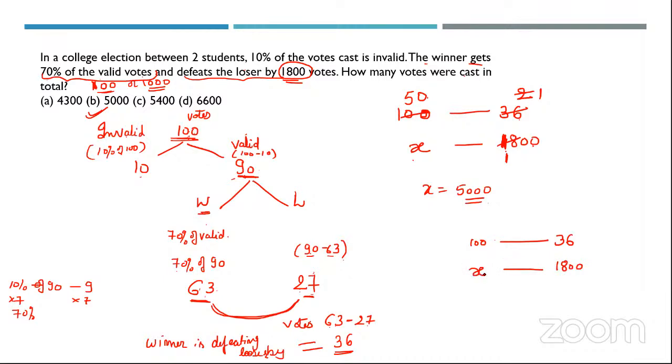So what will be the total number of votes? Then I'll do cross multiply or cross cancellation, the unitary method. 18 ones are 18, 18 twos are 36, so 50 into 100, your answer is 5,000.